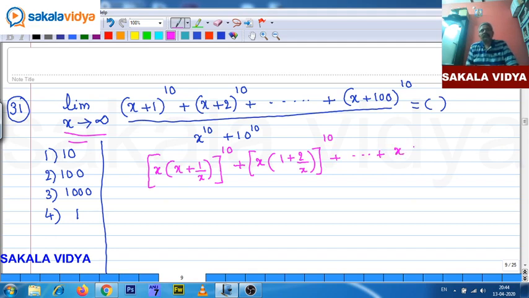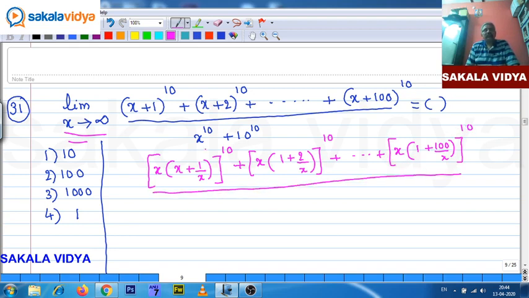In the similar manner in the bracket you take out x common, 1 plus 100 upon x whole to the power of 10, am I correct, upon here in the numerator take x to the power of 10 common, we have 1 plus 10 to the power of 10 by x to the power of 10.